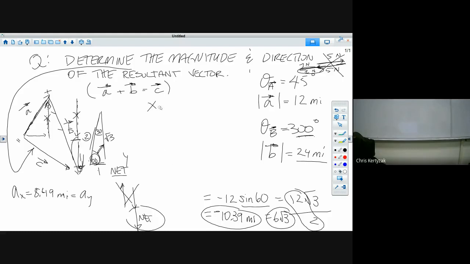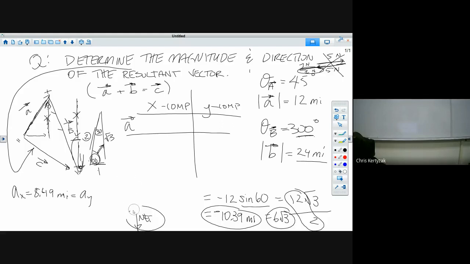This is supposed to be x component and y component on top, not on this side. And then your A goes this way, your B goes here.